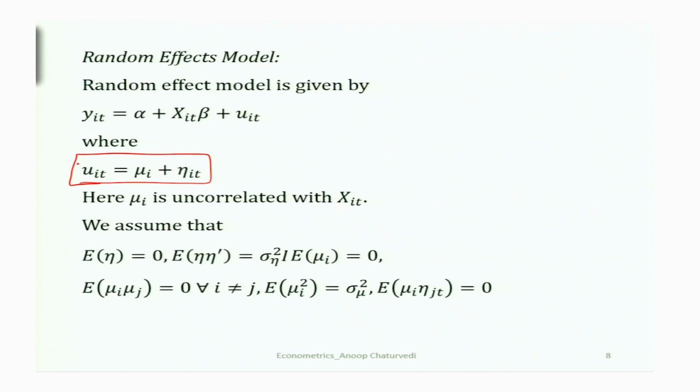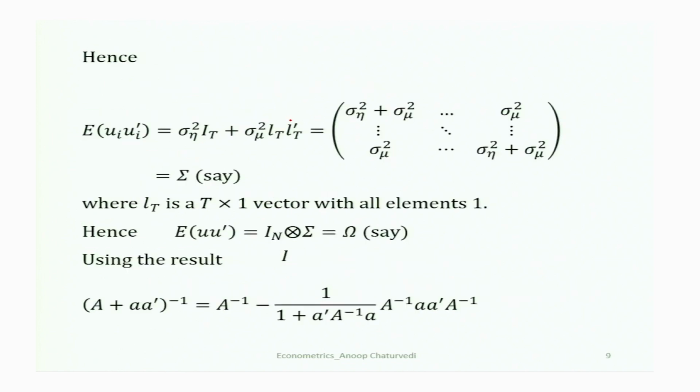So, sigma square mu plus sigma square eta. So, in the diagonal you obtain sigma square mu plus sigma square eta.